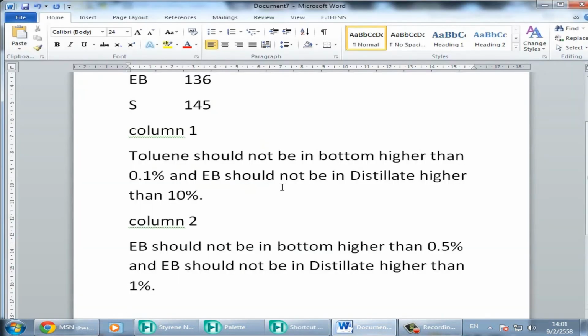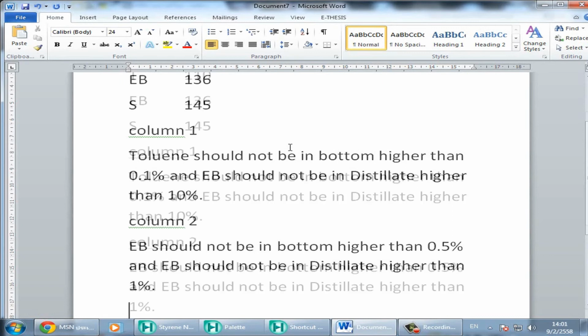Before doing that, we should come to a specification of the column. In column number 1, the toluene should not be in the bottom higher than 0.1% by mole, and ethylbenzene should not be in the distillate higher than 10%.